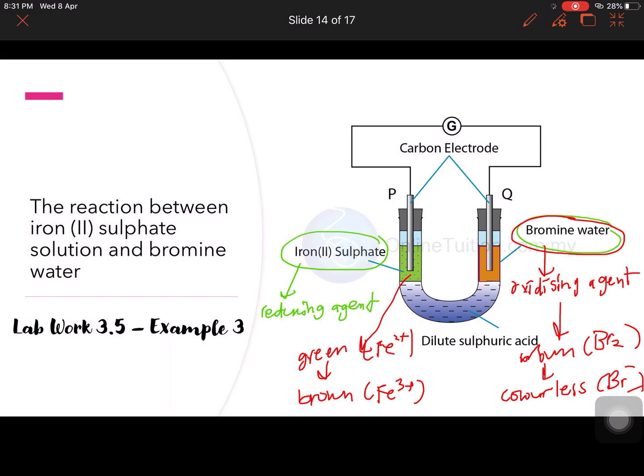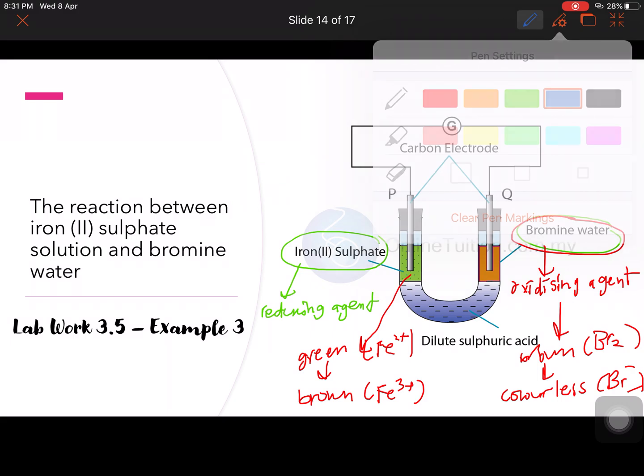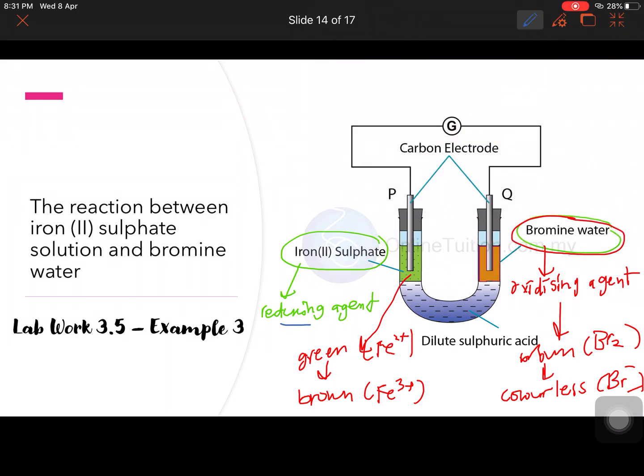What is our step 3? Step 3 is to identify the anode or cathode. Okay, since this one reducing agent ataupun dia donate electron, so P anode, because P donate electron sampailah dia become negative terminal, so much electron has been donated and accumulate there, so negative terminal. Vice versa, this electrode Q adalah cathode.